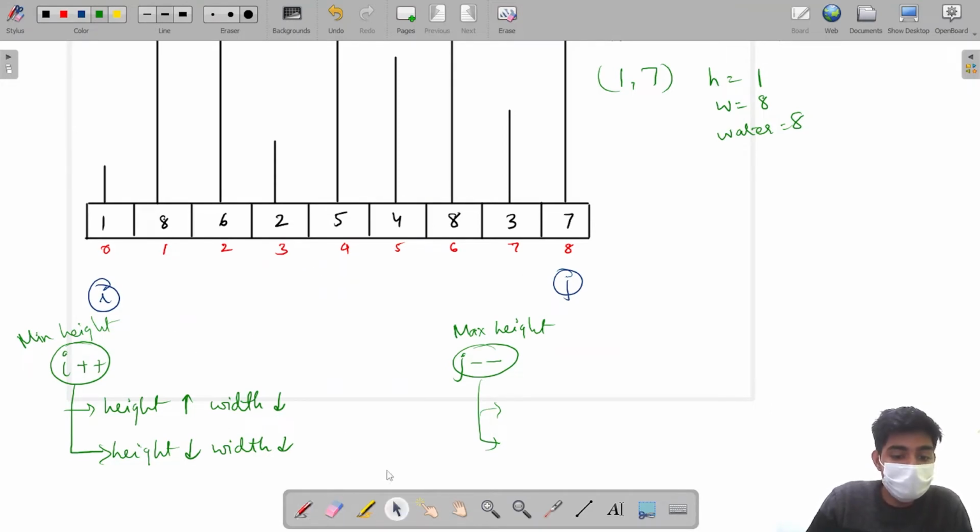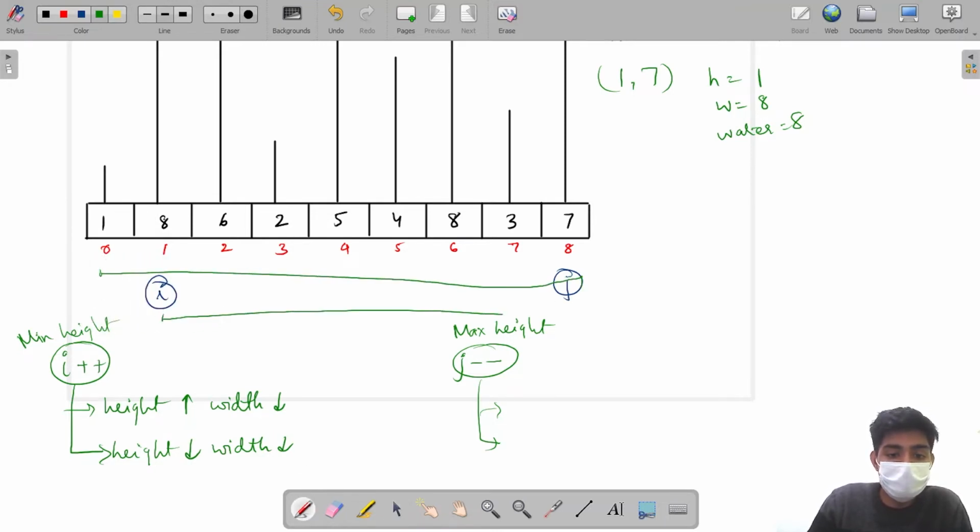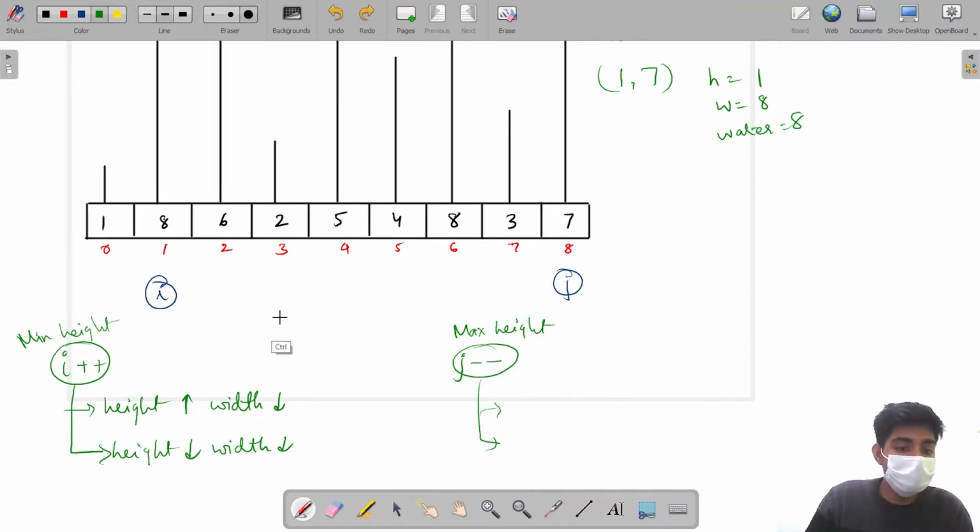If I increment my i, my range was here before, and now it is from here to here, so my range will always decrease. So whatever happens, if I increase my i, either my height will increase or decrease, but my width will decrease regardless.